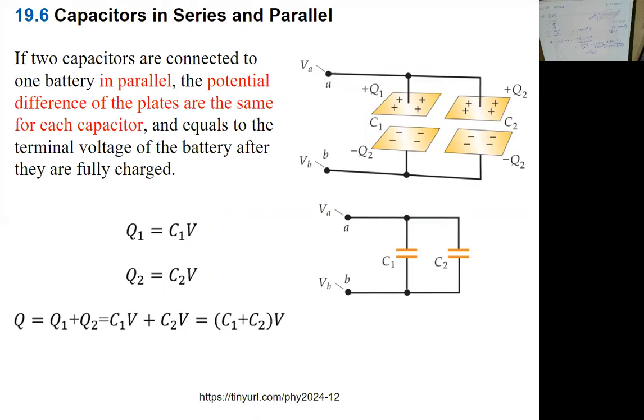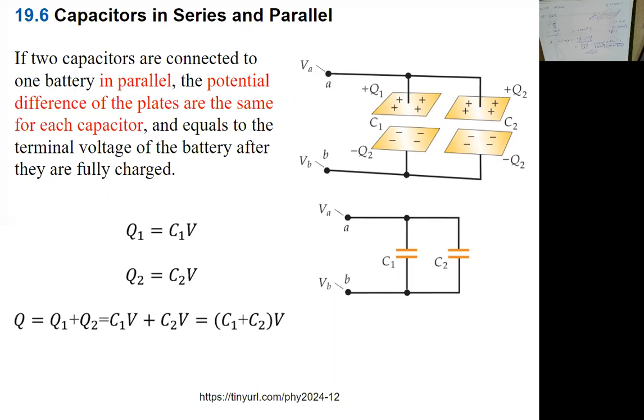Typically you will put them either in series or in parallel, or a combination if you have more than two. Some of them might be in series and then in parallel with the others. But let's first look at them purely in series and purely in parallel.